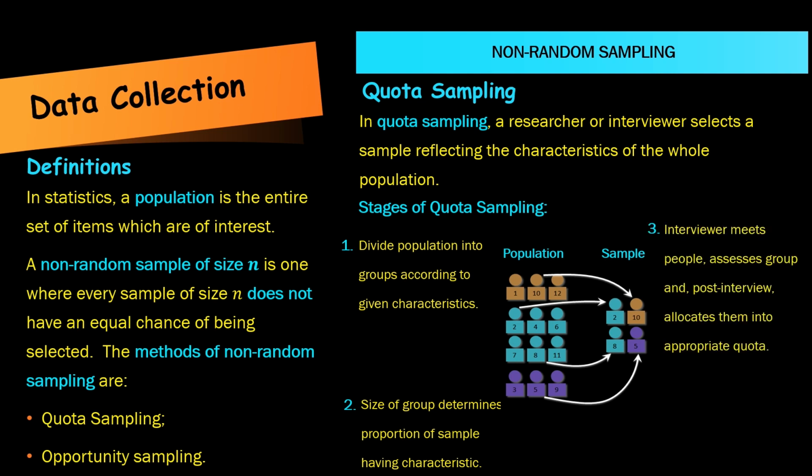Now the interviewer meets the people, assesses the group, and post-interview allocates them into the appropriate quota. Here is where interviewer bias might come in, and it becomes a non-random process. This will continue until the quotas are filled, and then move on to the next person if we have a non-respondent until the quotas are complete.